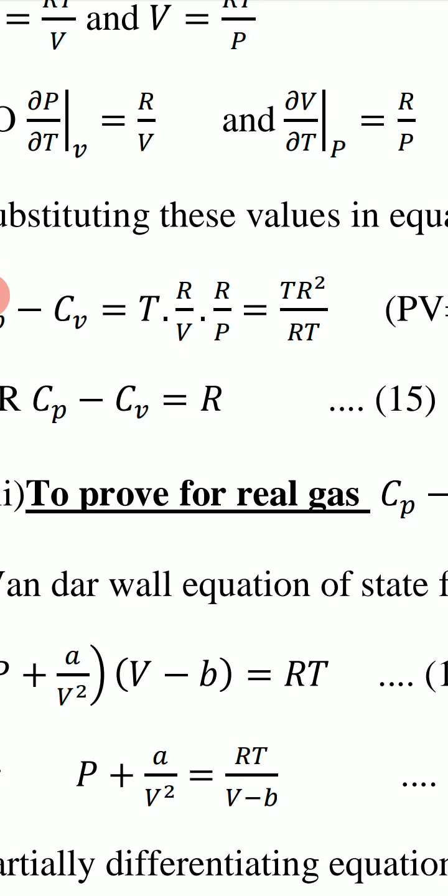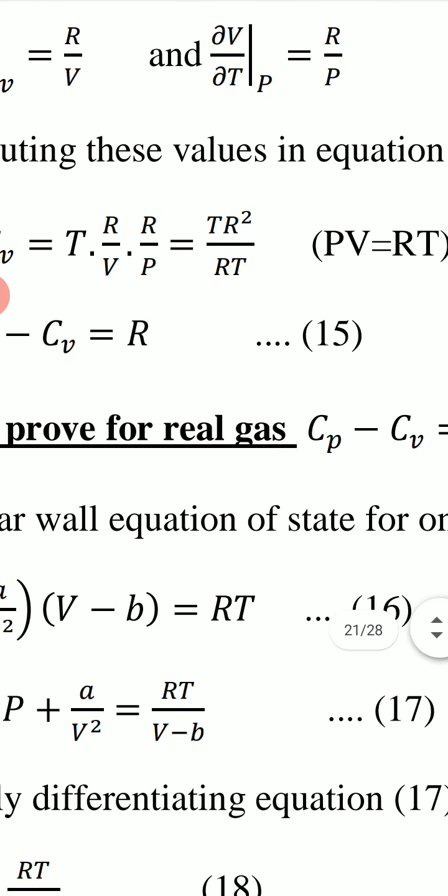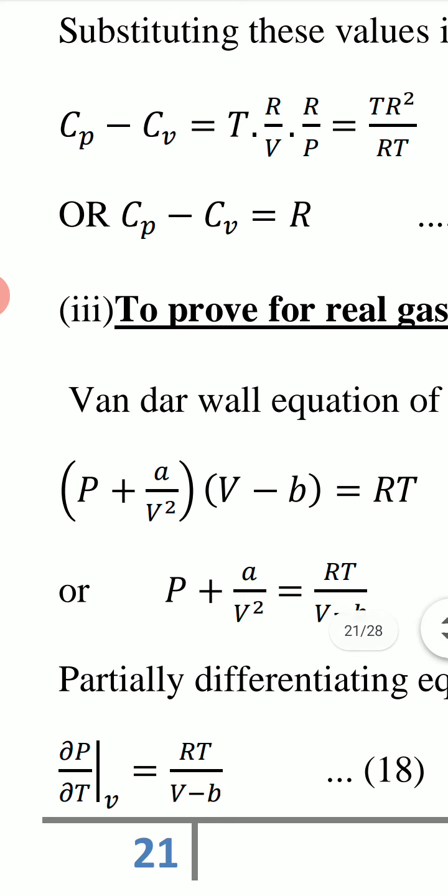It is T R² upon VP, and PV is equal to RT, so in the denominator we write PV equal to RT. T is cancelled out, one R is also cancelled, and we get Cp minus Cv equal to R for ideal gas.